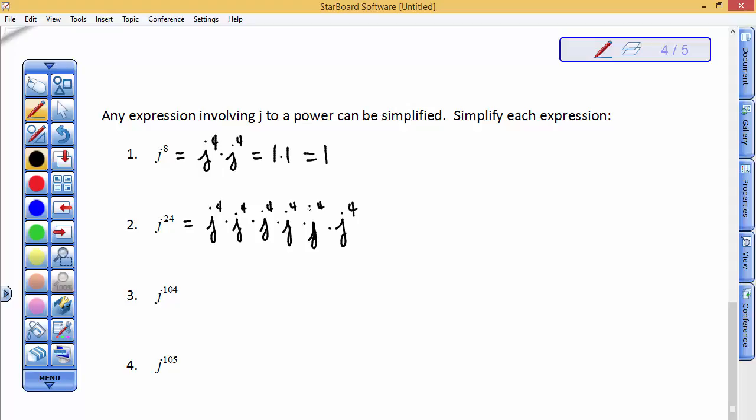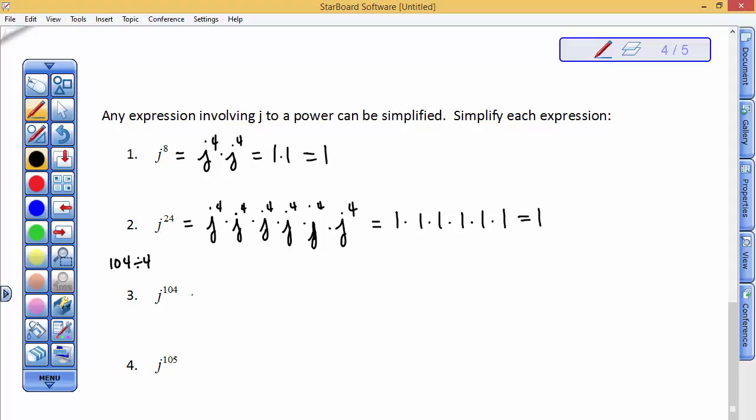So it's 1 times 1 times 1 times 1 times 1 times 1. And I'm trying to exaggerate so that you remember anything that's divisible by 4, if you can take your calculator and take 104 and divide it by 4 evenly, which you can, you get 26, then your answer is 1.